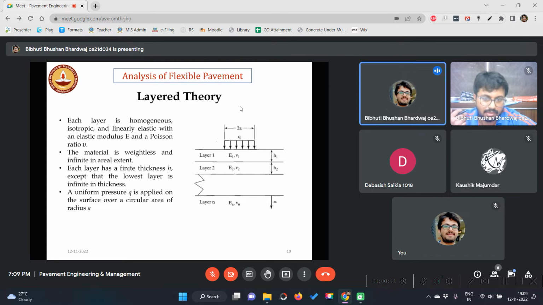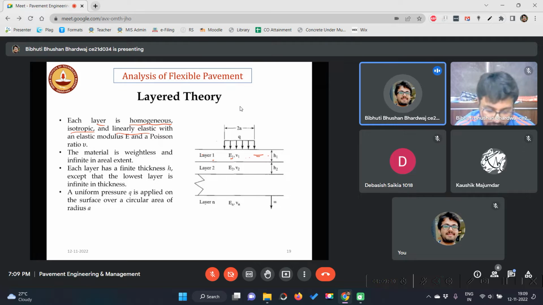More than one layer means the properties of the layers will be different, but there are some assumptions which you already know from soil mechanics classes: layers are considered homogeneous, that means the material is the same throughout the layer; isotropic, that means properties at each point are the same; linearly elastic, that means stress and strain are linearly related.